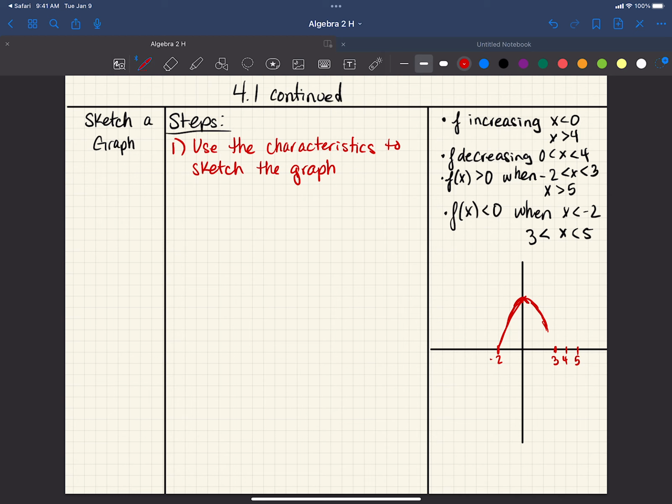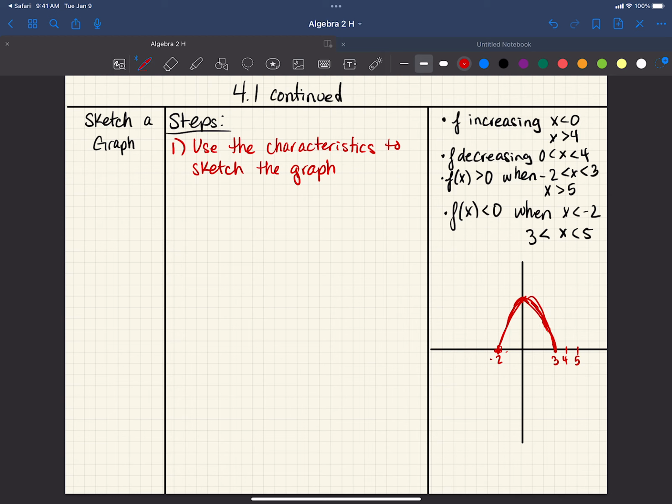So 3 is affecting when my y's are positive or negative. So I have here that my f of x is greater than 0 between the intervals -2 and 3. So my y values are all positive from this -2 point over to the 3.